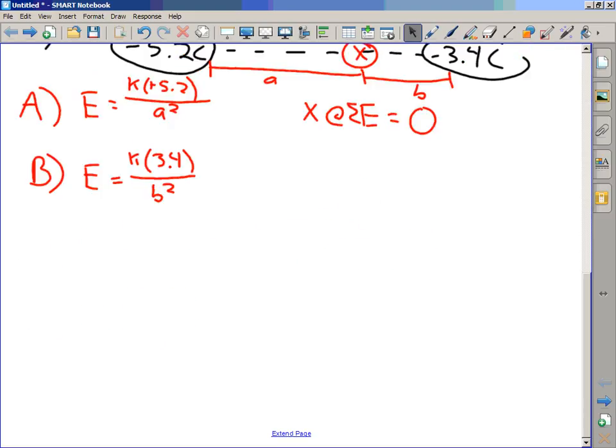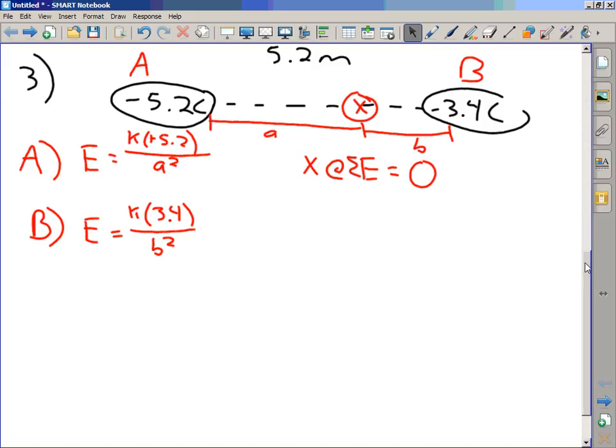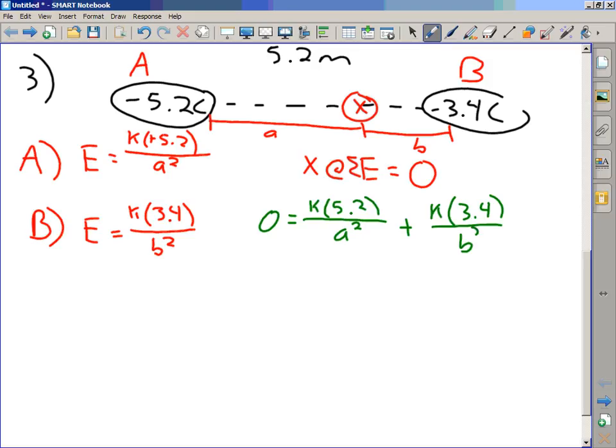And positive 5.2, I got rid of the negative just because I'm doing directions manually myself. And I'm wanting these two to sum to 0: 0 equals K 5.2 divided by A squared plus K 3.4 divided by B squared.